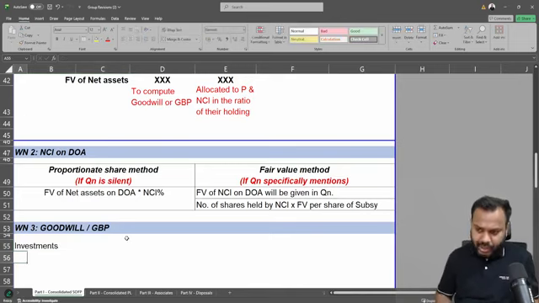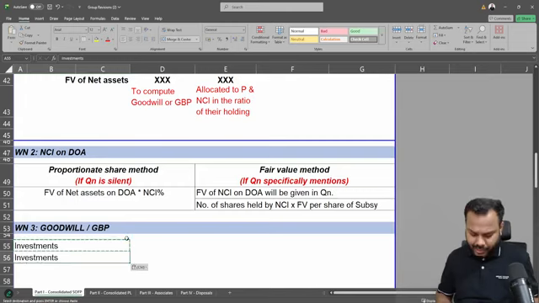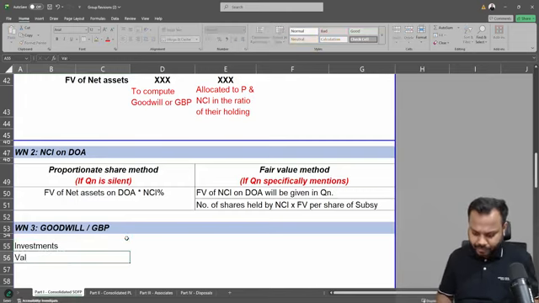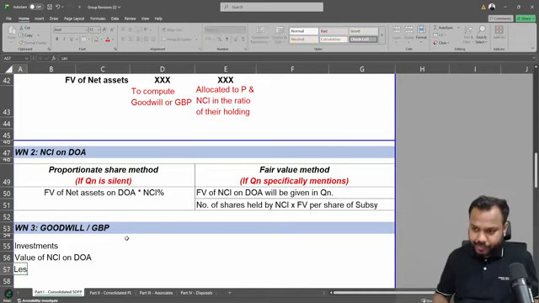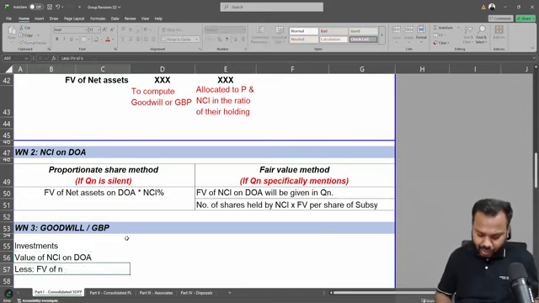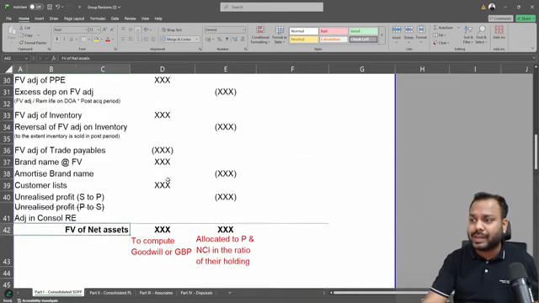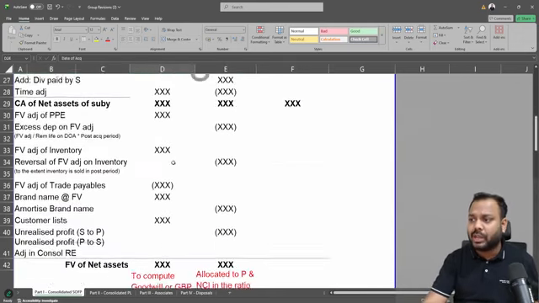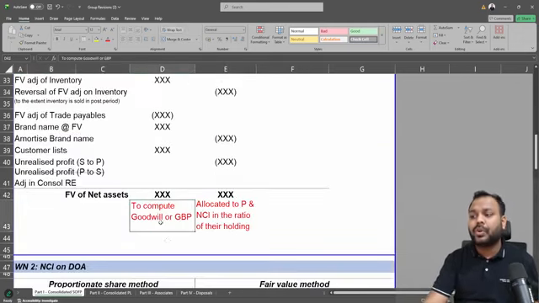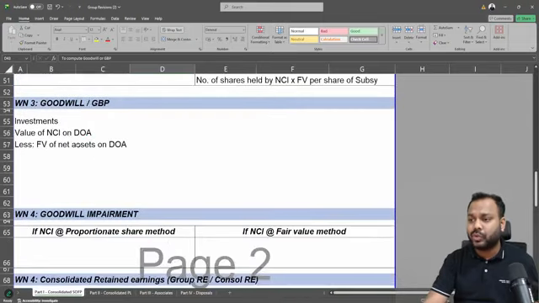Then we will need the value of NCI on date of acquisition, less the fair value of net assets on date of acquisition. See, I told you, we will need the fair value of net assets on date of acquisition to compute goodwill or gain on bargain purchase. See, here we used.